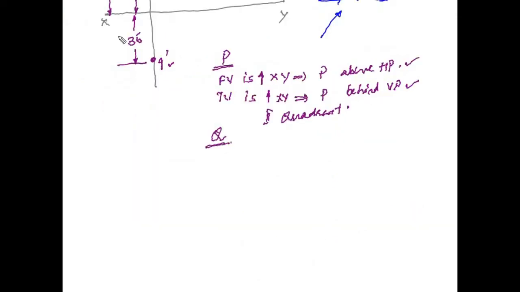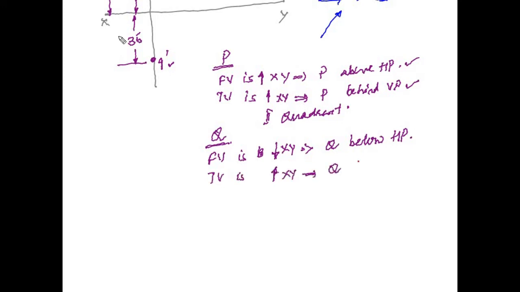Similarly, now let us take point Q. Front view is below XY line. So this implies point Q is below horizontal plane. Now top view is above XY line. This implies point Q is behind vertical plane. We have seen this at length in the first discussion.